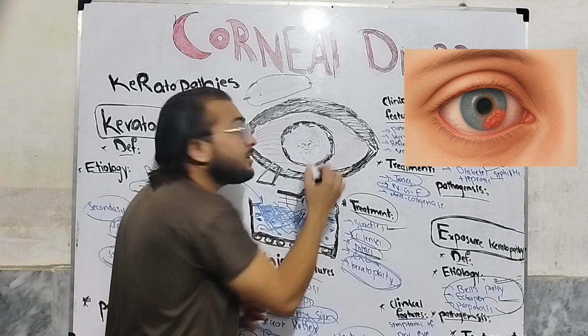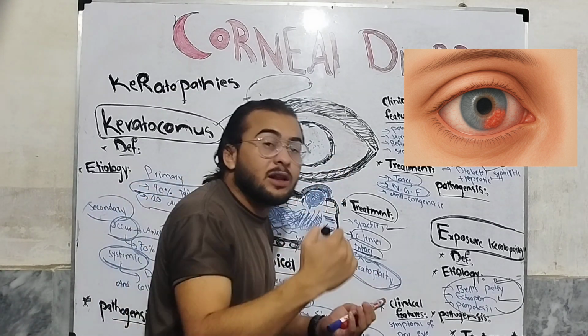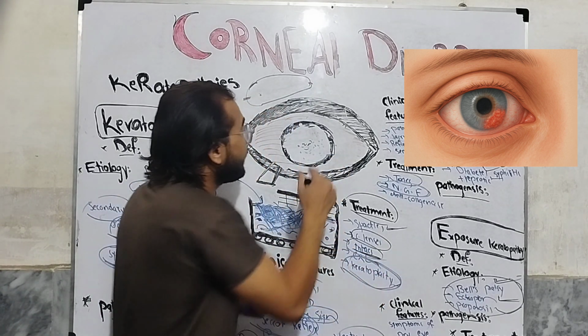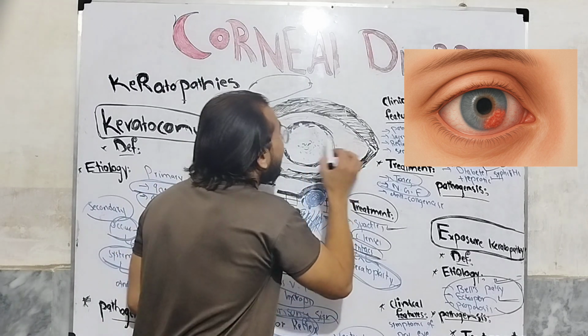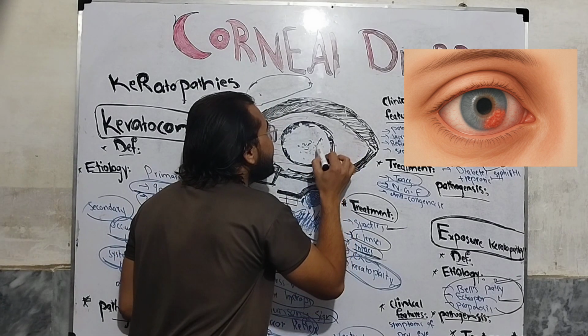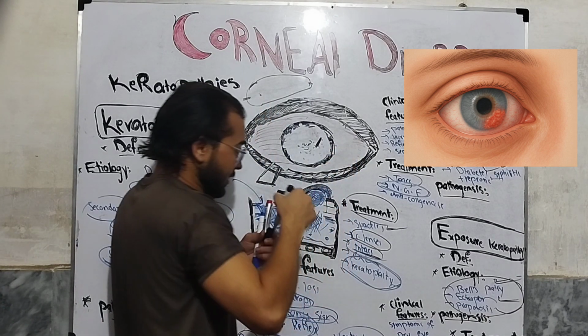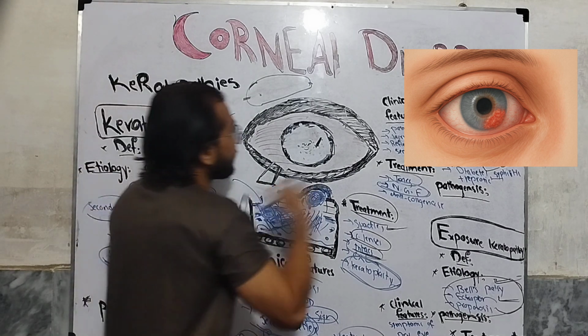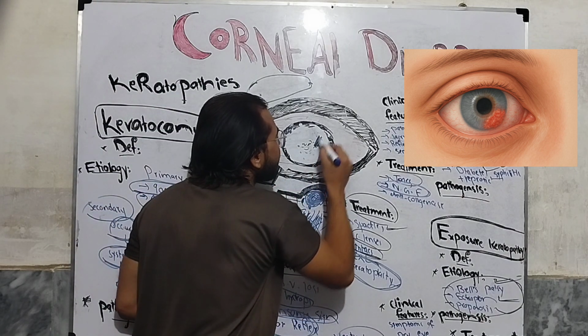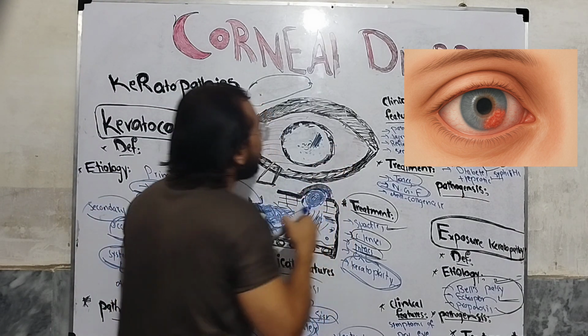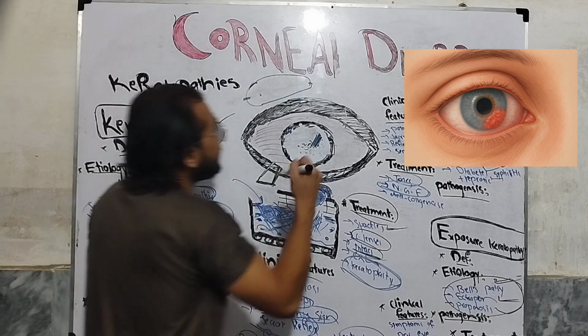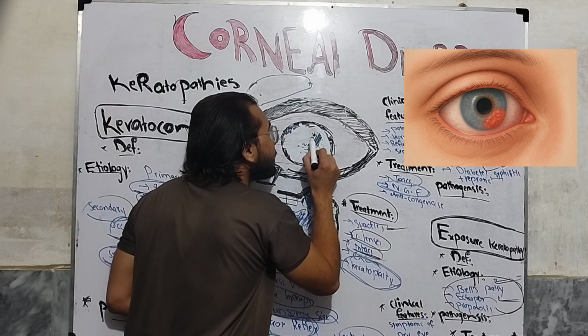Due to the punctate epithelial keratopathy and the mucus strands, they will come together, and these will form like this. For example, if this is the mucus strand, it will be covered by these punctate epithelial erosion cells.